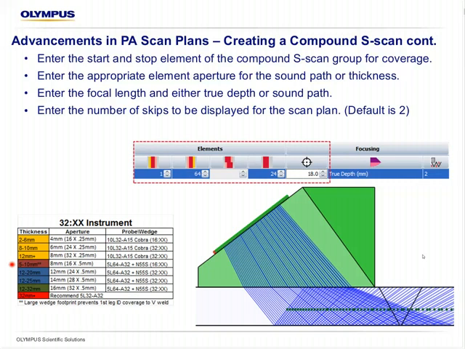In fact, a decision that we're always going to make, based on the thickness or sound path of the target or weld bevel, is the aperture used in the compound S-scan. Again, with 16 and 32 pulsar instruments for most customers, that was automatically 16/32.